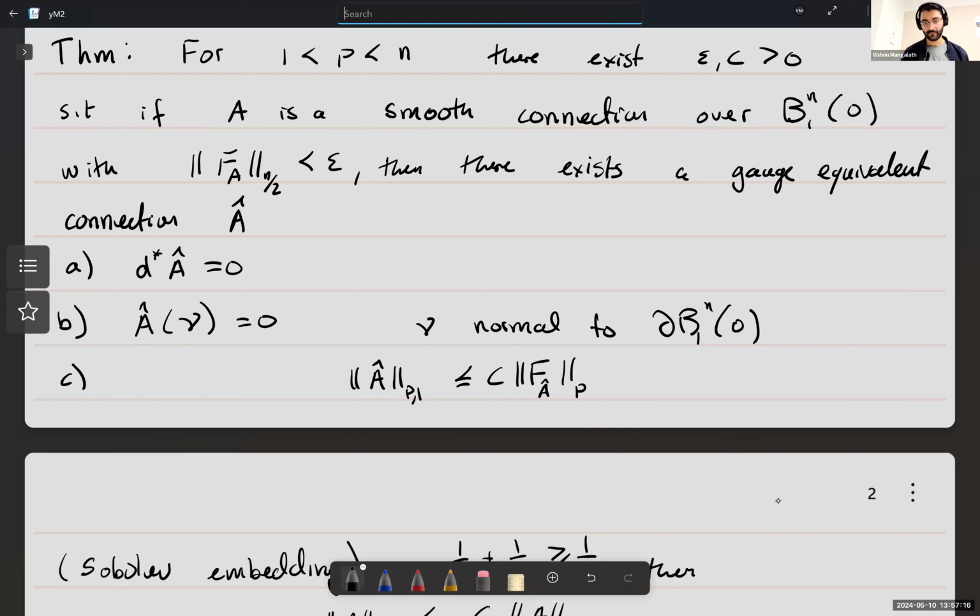Okay. But if you constrain p to be greater than or equal to n/2, or greater than n/2, then the Sobolev embedding theorem and some other embedding theorem for L^p spaces just gets you where you want to be.